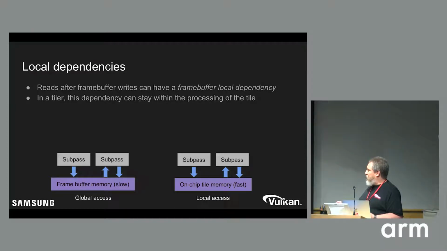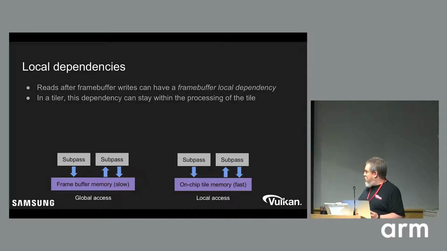If you're doing arbitrary access to the frame buffer, and you need to be able to access anywhere within it, then the first subpass of work that you're doing needs to finish completely. All of its data needs to get written out to memory, and then the second subpass can read everything back in again. But all of that memory transfer and synchronization overhead is slow.